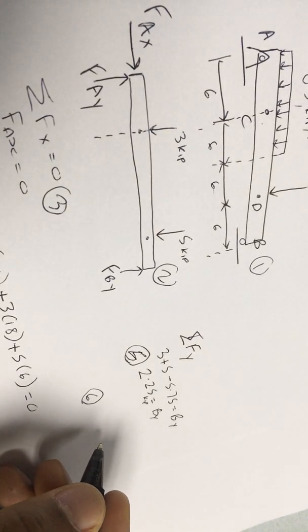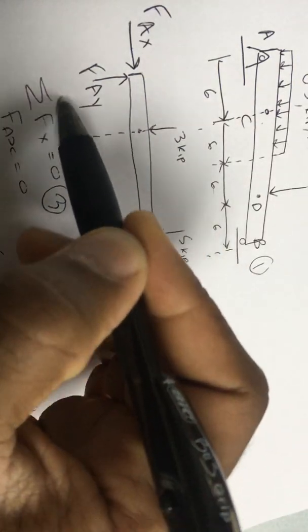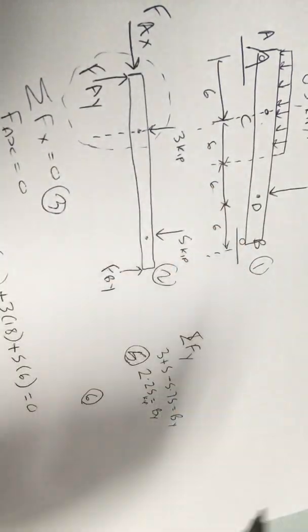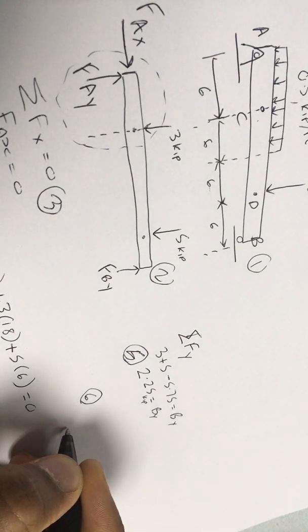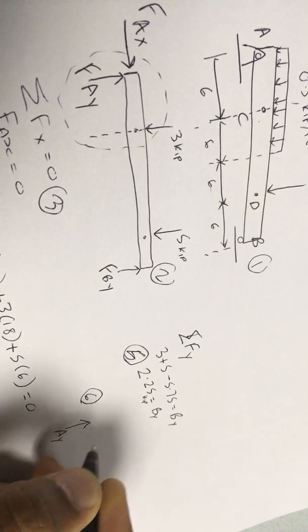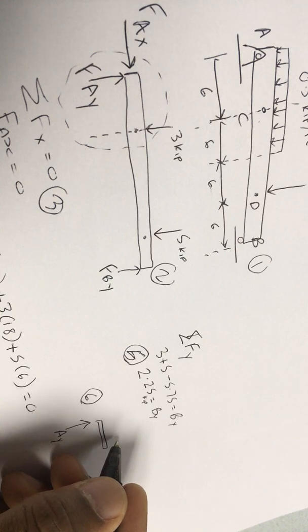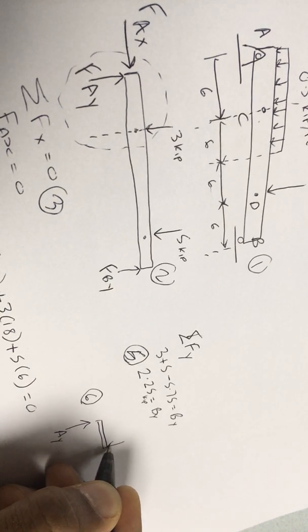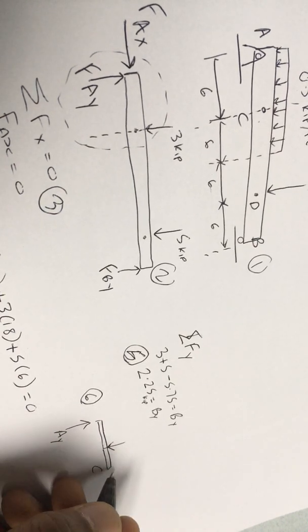We're going to look at the free body diagram for the AC section, which is this section right here. And what we would see there is our AY. We would see the distributed force acting at a point a little bit distant away from C, and again at C.